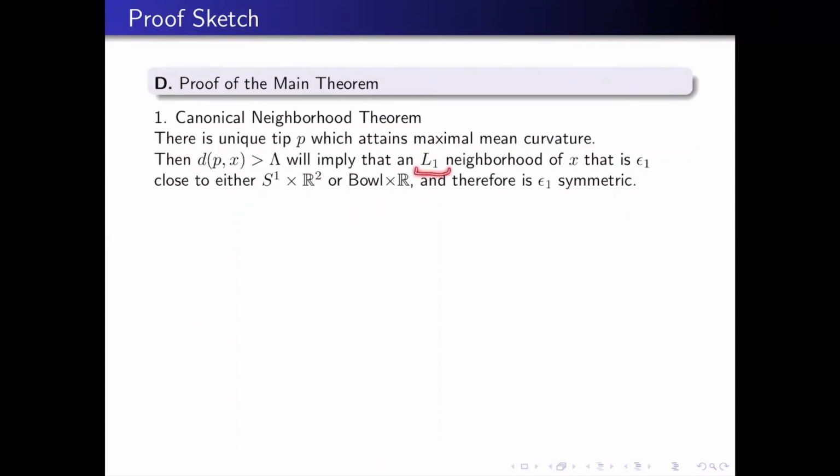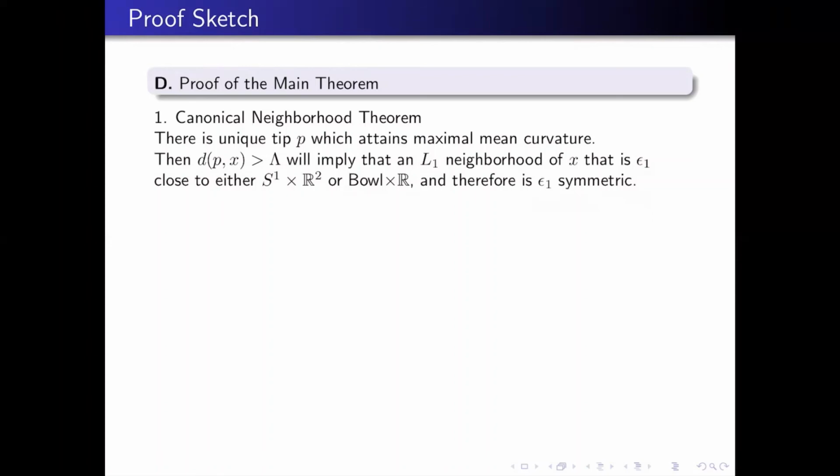We can quantify them by L1 and epsilon 1 as shown here. Since these two models are already symmetric, we can also obtain that these points away from a compact set are already epsilon 1 symmetric.